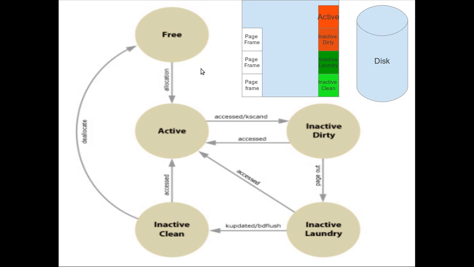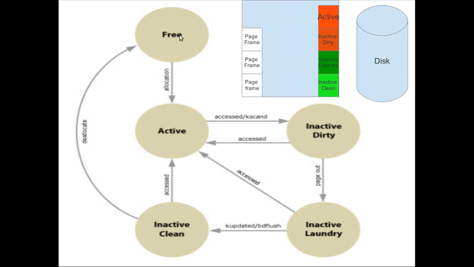One more thing you need to understand is the life of a page. A page, as you know, is present in virtual memory, and a frame is something present in your RAM.